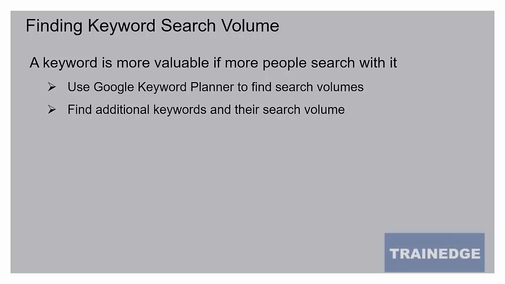Google Keyword Planner is a free Google tool and is part of the AdWords platform. If you enter a keyword in that planner, it will tell you approximately how many people each month are searching for that keyword in your targeted geography. And it will also show you other related keywords that people are using to search Google and what their search volume is.